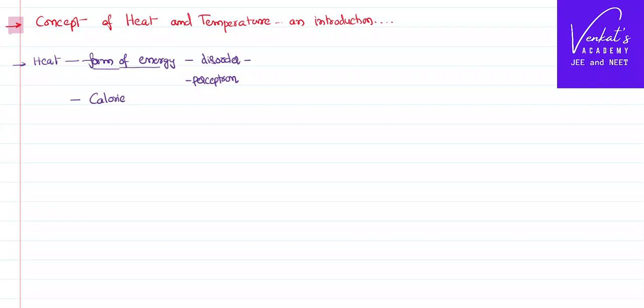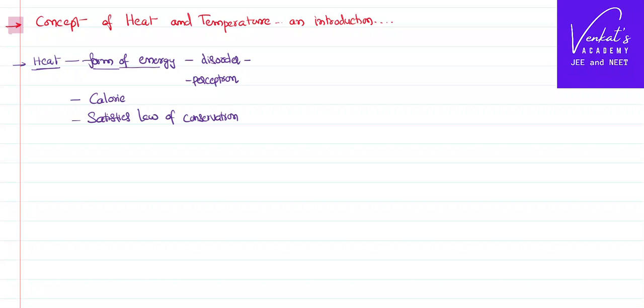But later, people found that it satisfies the law of conservation of energy, that energy is neither created nor destroyed, it just converts from one form to another. So heat can be converted to another form of energy, and other forms of energy can be converted into heat.